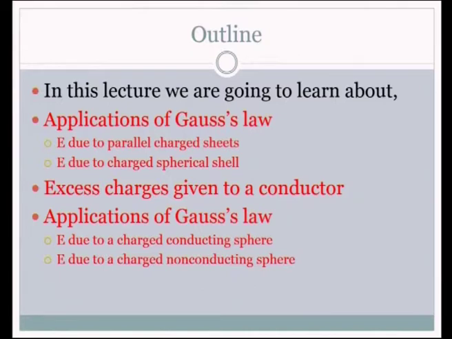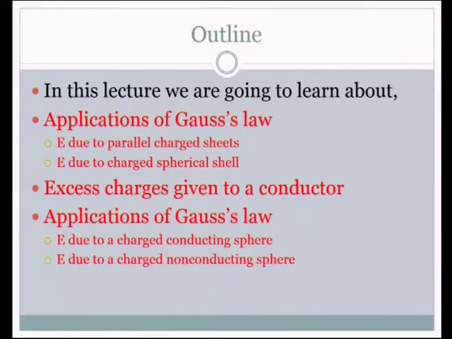In this lecture, we are going to learn about the applications of Gauss law, under which first the electric field due to parallel charged sheets, and then the electric field due to a charged spherical shell, and then the concepts related to the excess charge that is given to conductors and insulators.